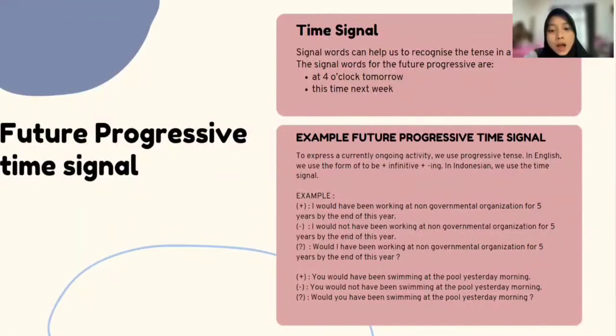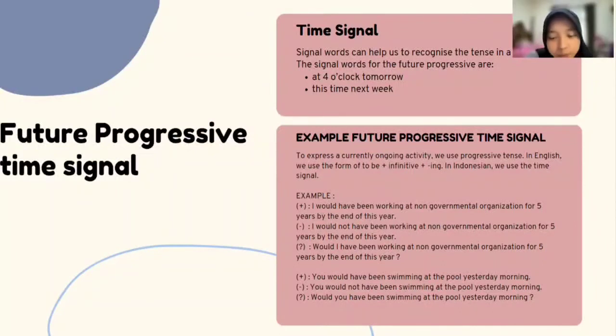Example, I would have been working at a non-governmental organization for 5 years by the end of the year. I will not have been working at a non-governmental organization for 5 years by the end of the year.